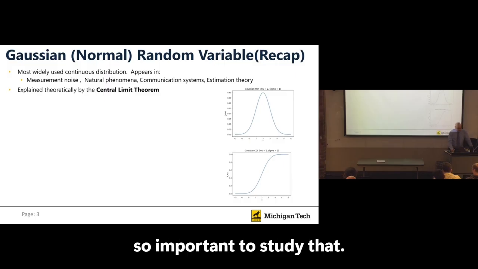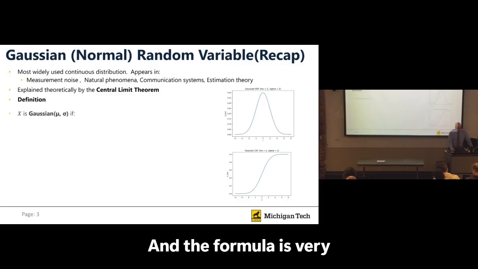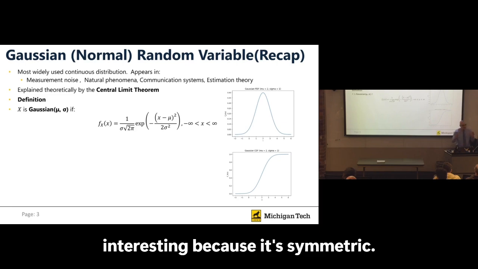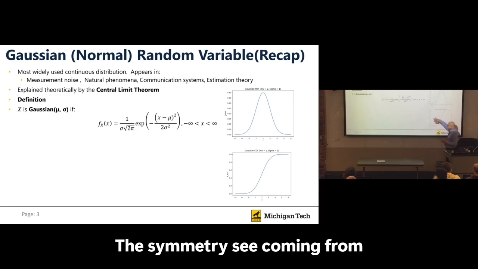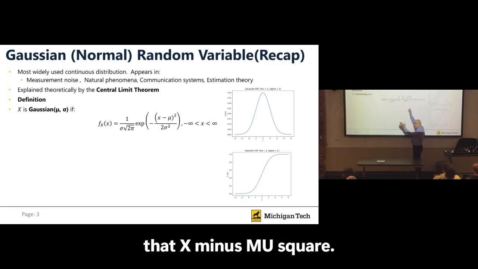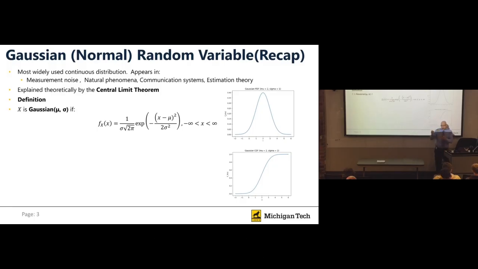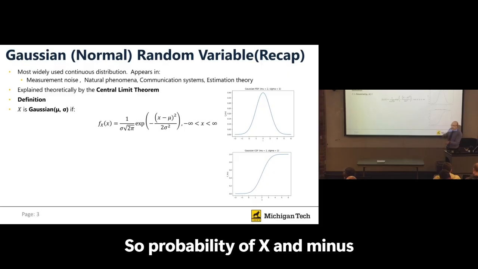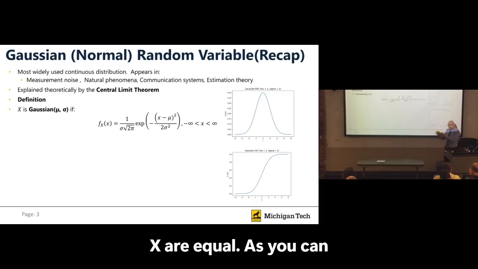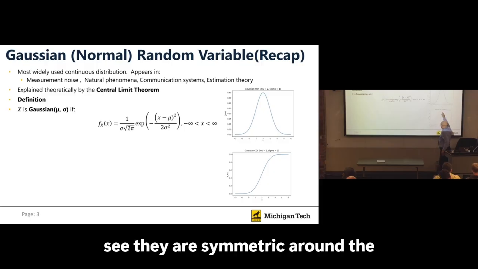And the formula is very interesting because it's symmetric. The symmetry comes from that (x minus mu) squared. So the probability of x and minus x are equal. As you can see, they are symmetric around the mean.